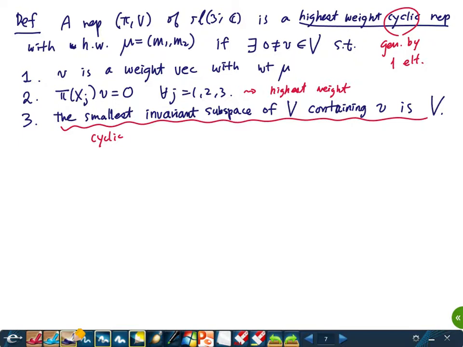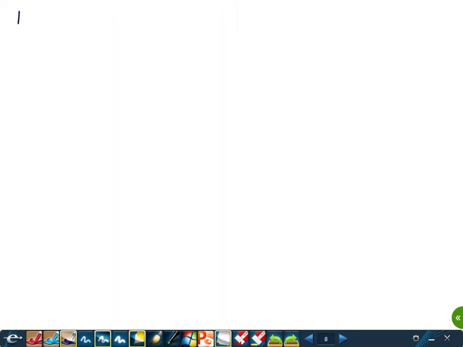Okay, so in order to proceed, we are going to need this lemma. I'm going to use the next page. The lemma is called the reordering lemma. This is a very useful and interesting lemma, and it's true for any Lie algebra.